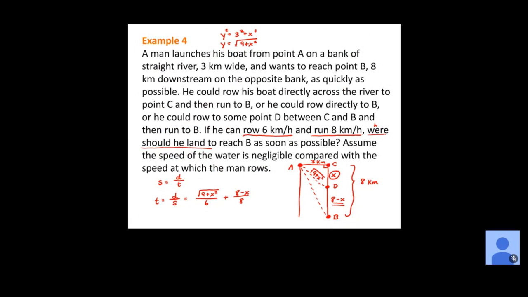Okay, so we've minimized the amount of time, but we're trying to figure out where on the opposite bank he needs to land. So that x value over there is going to be measured in what?